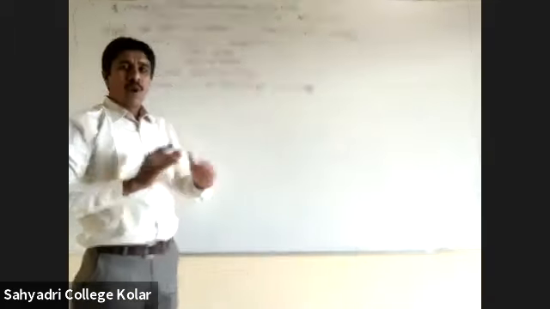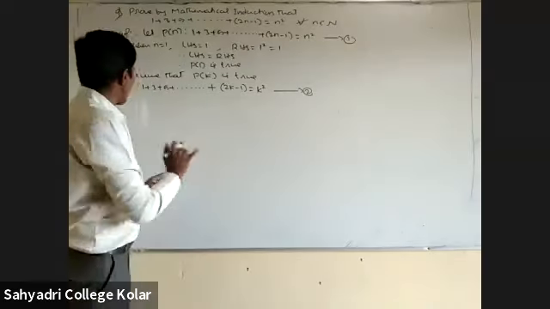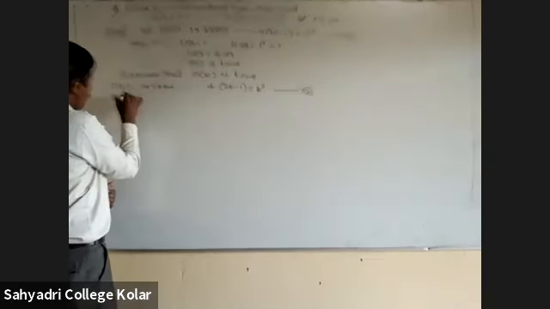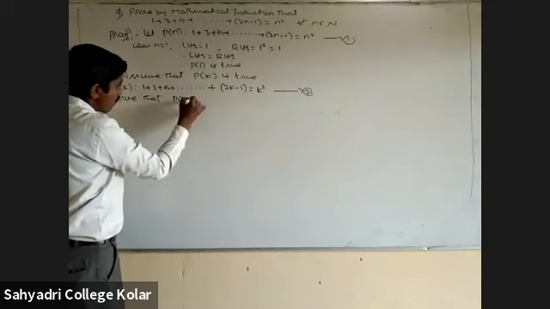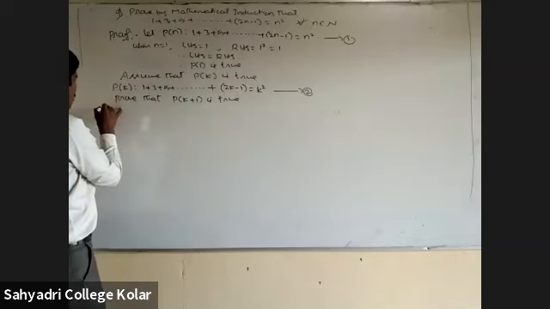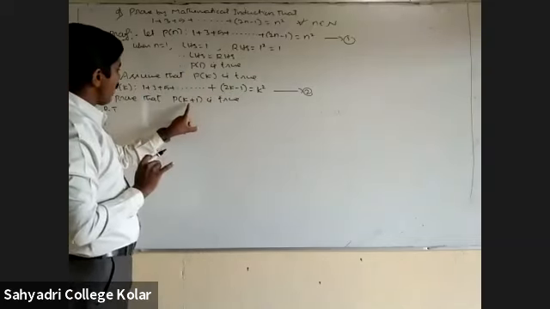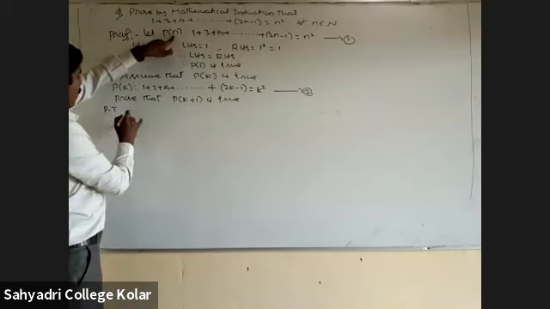Third one, we have to prove that the given statement is true for n is equal to k plus 1. That means prove that P of k plus 1 is true. That is, prove that by substituting n is equal to k plus 1 in equation 1.